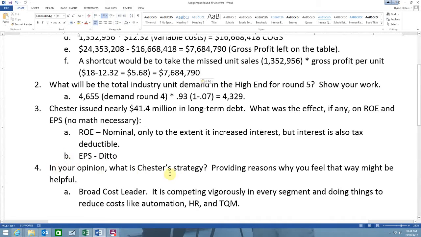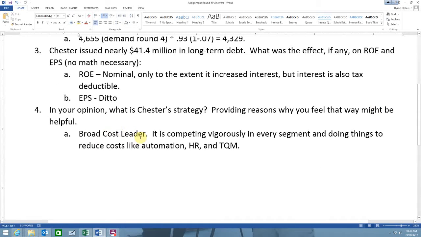Question 4: in your opinion, what is Chester's strategy? Providing reasons why you feel that way might be helpful. I say they're a broad cost leader. It's competing vigorously in every segment, so it's broad, right? If you're a low-cost niche, you're going to move all your products towards the traditional and low end. You may not have accomplished that yet, but you would see those products moving in that direction.